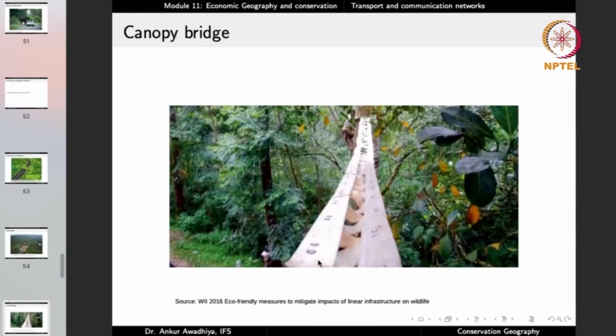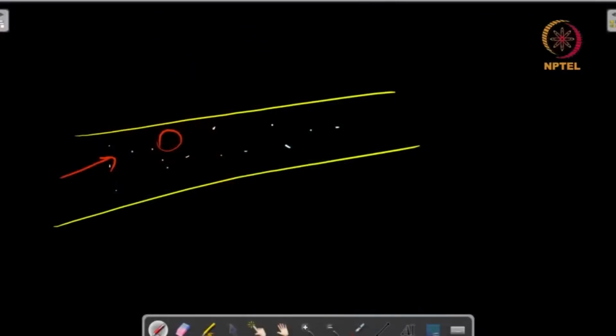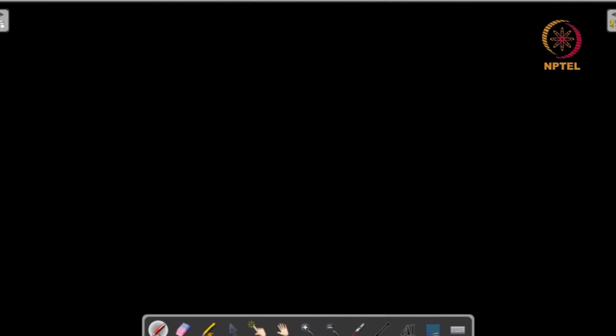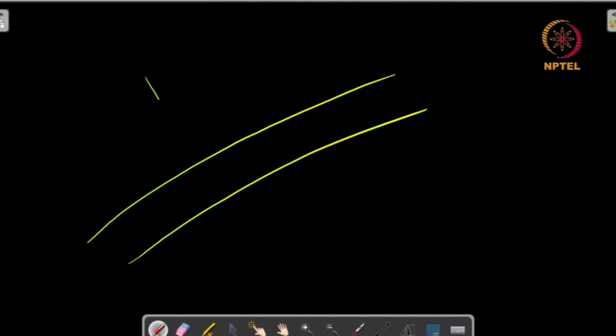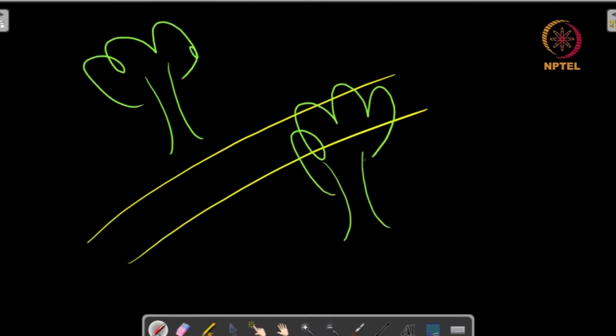We can have things like canopy bridges, which is a bridge that joins one tree with another tree. So the animals do not have to come down from a tree. They can just use the canopy bridge. So in this case, you have a road and you have trees here and you have trees here.